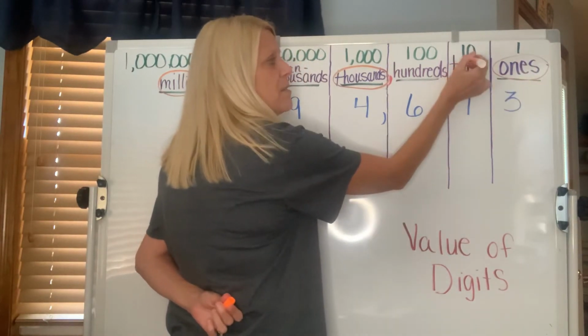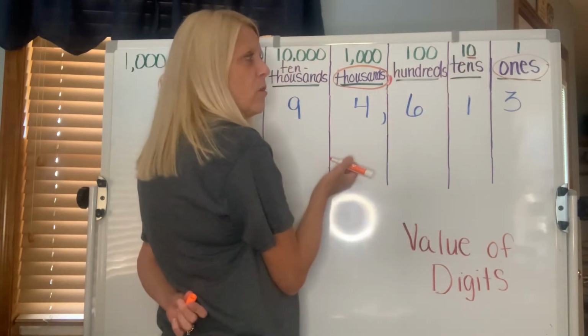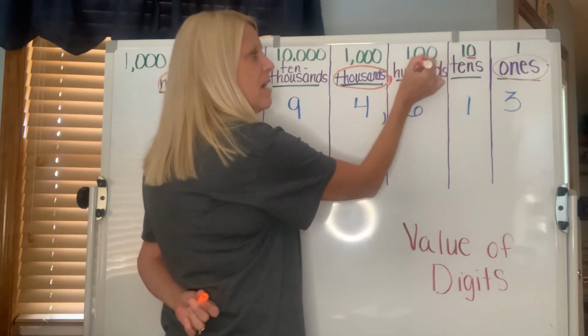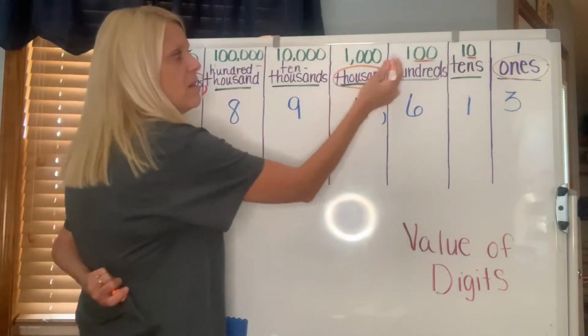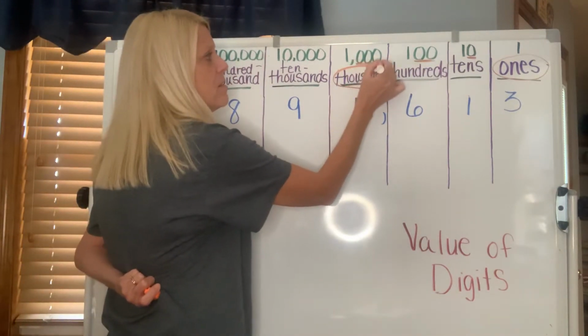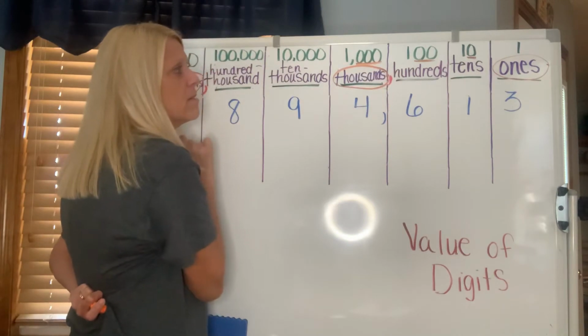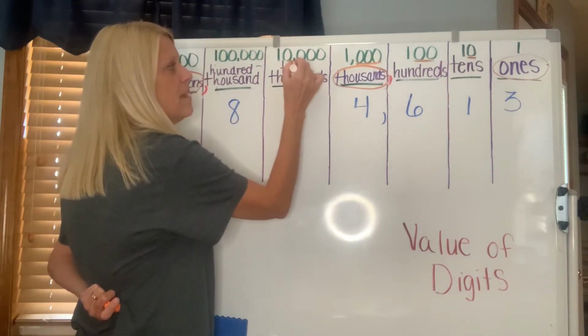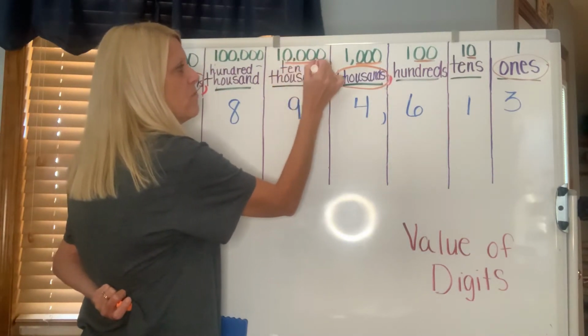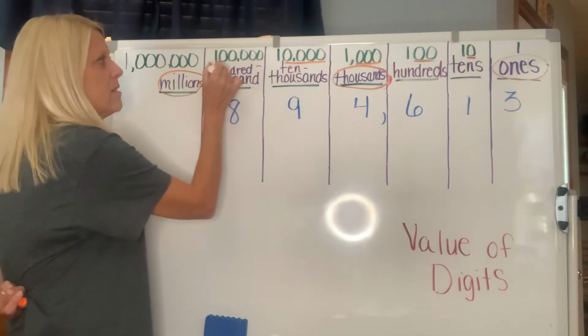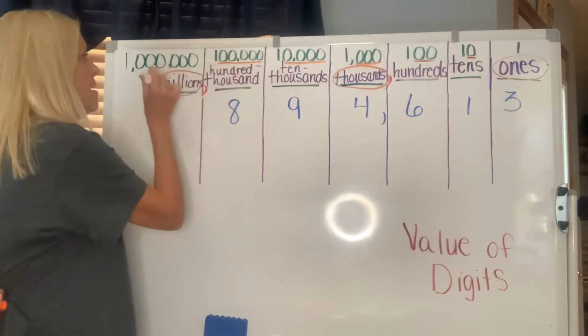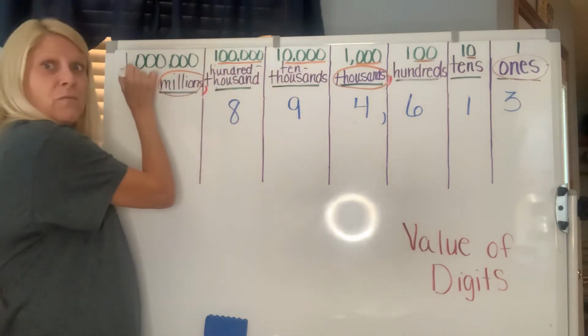And then we have our 10 with 1 zero. And our 100 with 2 zeros. And our 1,000 with 3 zeros. And our 10,000 with 4 zeros. And our 100,000 with 5. And our 1 million with 6.